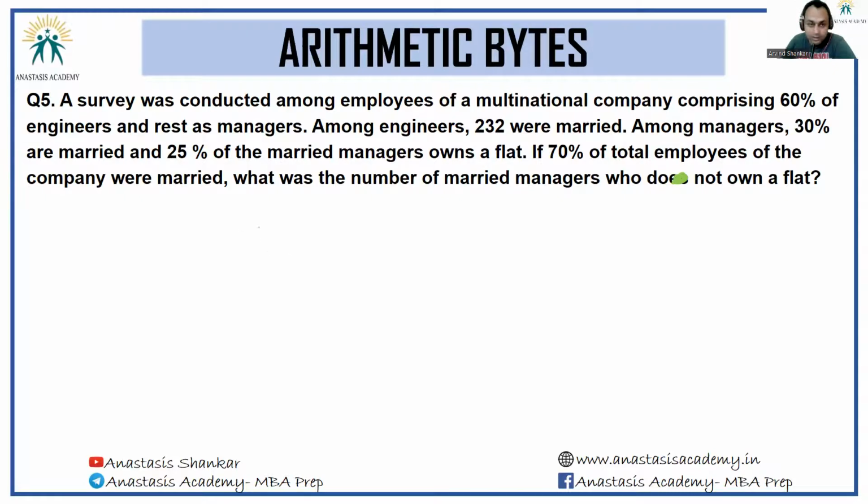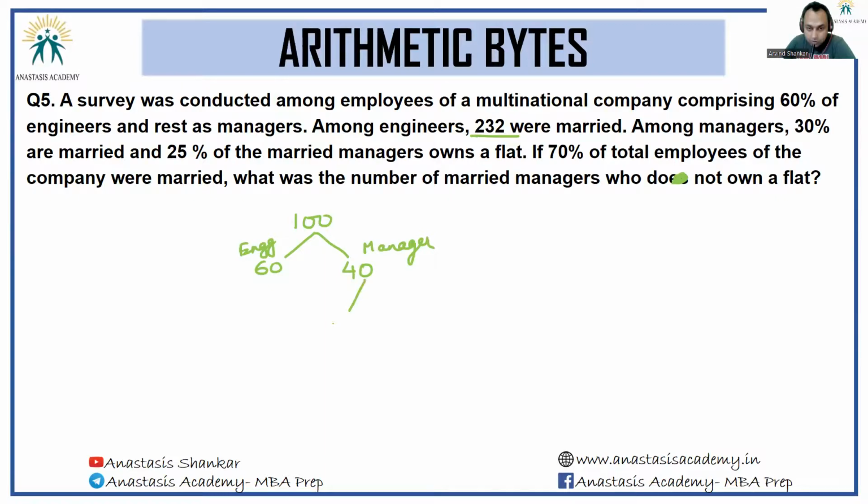Okay. So let's say there were 100 employees. Of these, you have engineers as 60 and you have managers as 40. This is engineer and this is manager. Now this 232 number, I will ignore for the time being. I will not work with this 232 number. Instead, I will go among the managers, 30% are married.